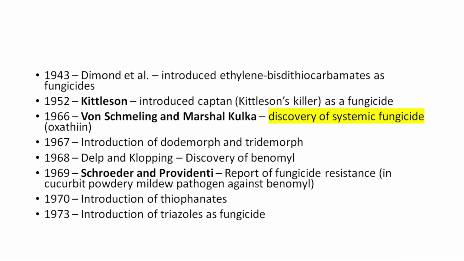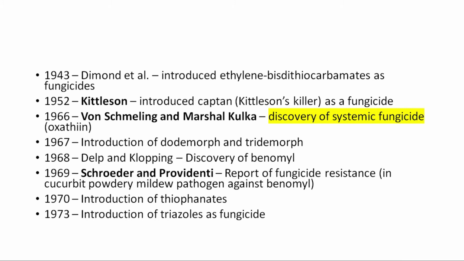So, in 1966, oxathiin, under which we have carboxin and oxycarboxin, two different compounds. These are systemic fungicides. So when they are applied, they enter the plant and get translocated inside the plant and kill the pathogen away from the point of application.